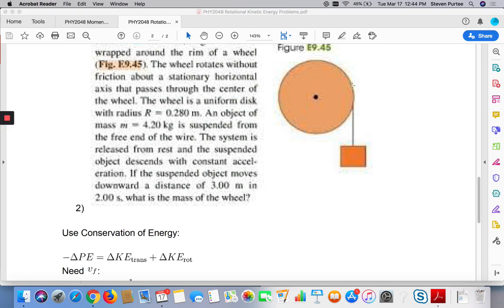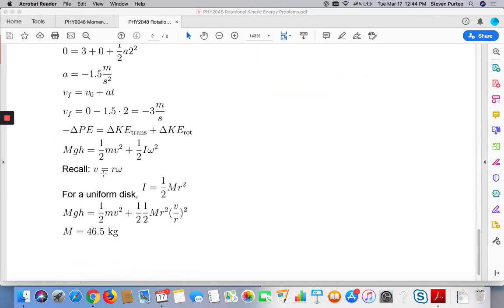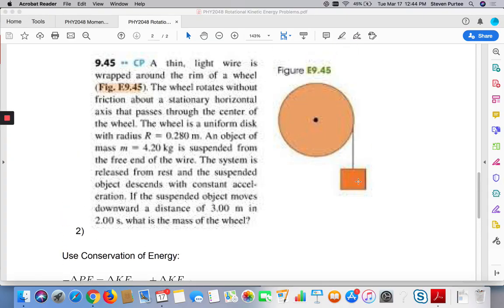If we were to put a little piece of tape here and watch that tape move around, that piece of tape is going to be moving with the same linear speed as this mass is dropping. That's the key to this problem. V equals r omega. And that V represents both the speed that this mass is dropping and the speed of a point on the rim.